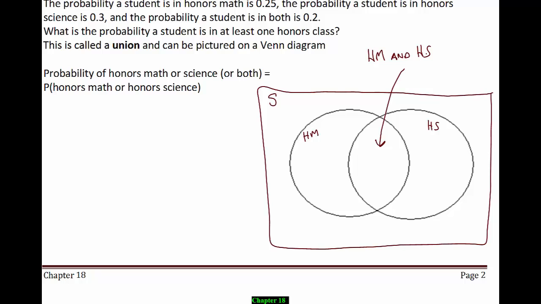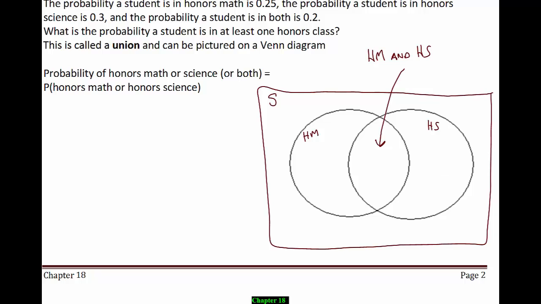So we've got some students that are only in honors math. Those will be over here. The students who are only in honors science would be over here, and the students who are in both are in this intersection. So these events are not disjoint. They have an intersection. So how do we compute this union? We don't have that special case of being disjoint, but we can figure this out.